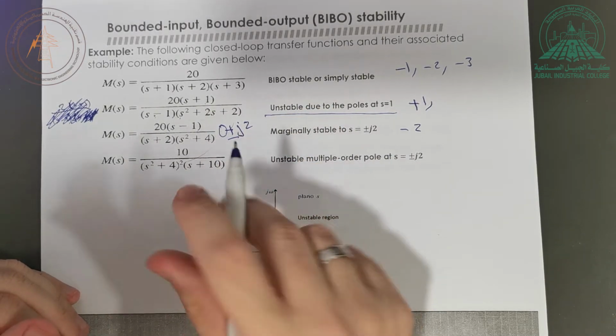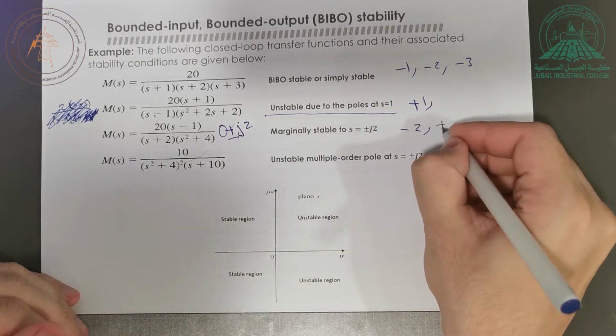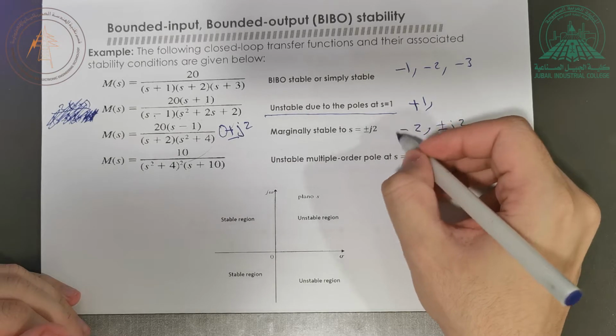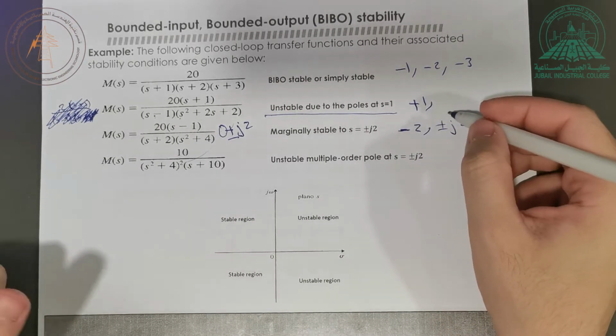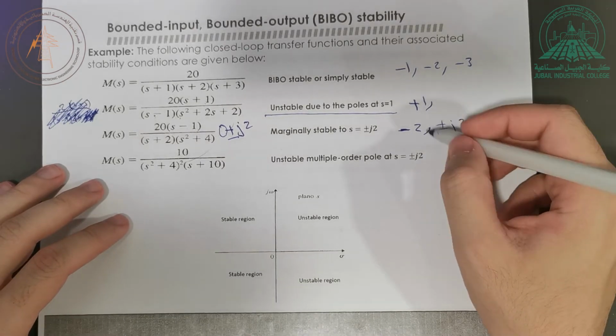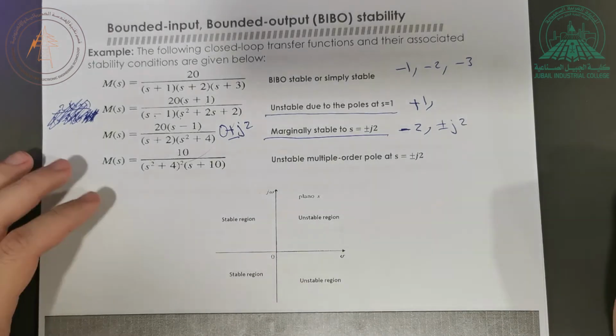So I have plus and minus j omega 2. Having something on the j omega axis will make the system marginally stable. So I have here marginally stable.